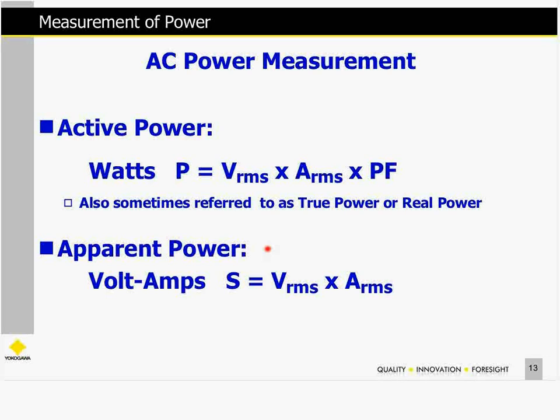Then the apparent power is what we call volt amps, with the symbol S in our international symbols, which is just the RMS voltage times the RMS current, volts times amps. So there is a difference between the apparent power, which is the volt amps, and the true power, which is watts, which has the power factor component as part of its measurement.